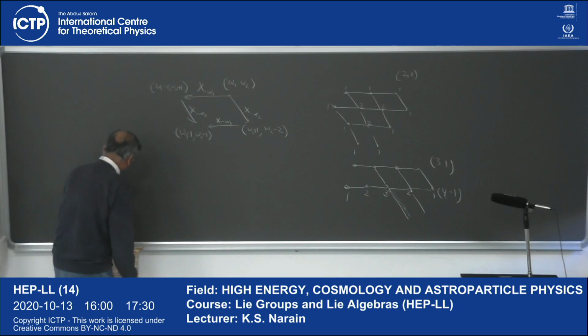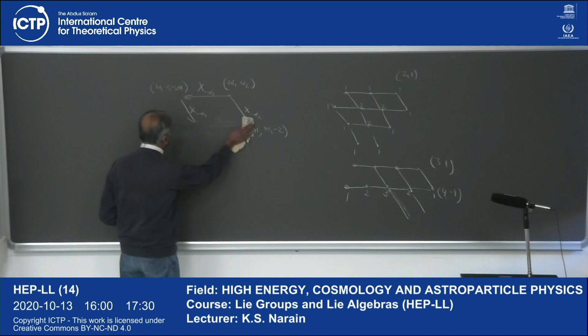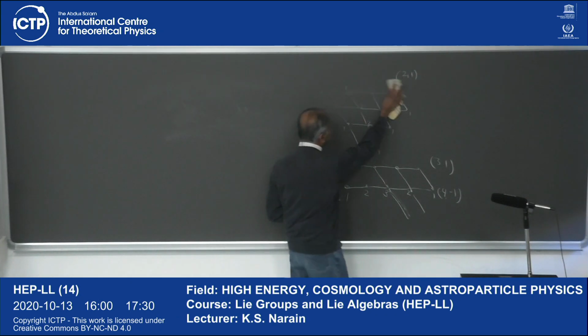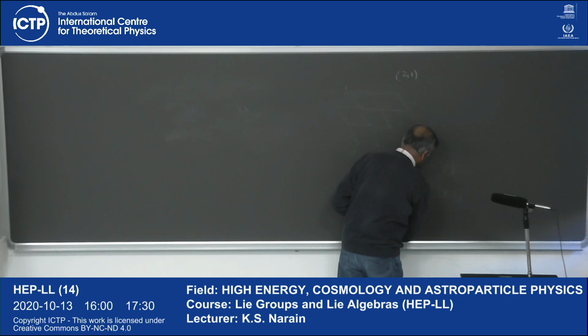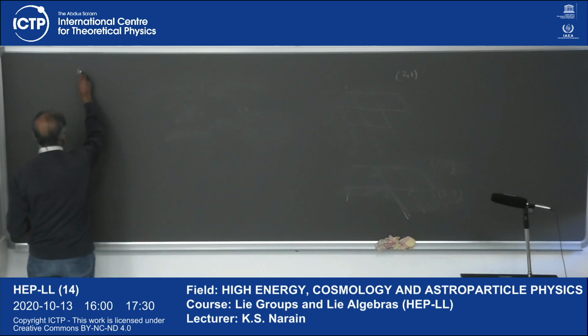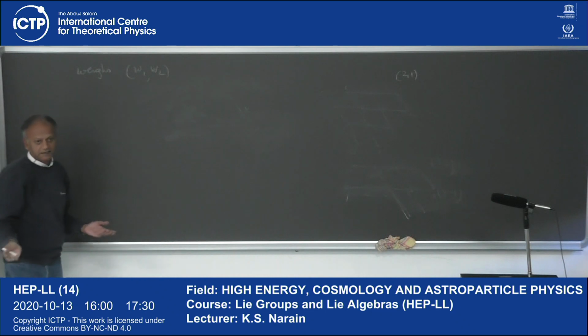Okay, so now let me talk about something slightly different. I will come back to this. We said that in general the weights, if I denote them by W1 and W2, will be integers, right?